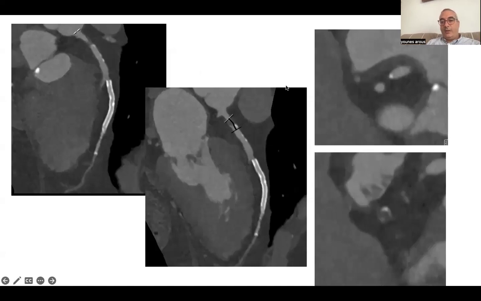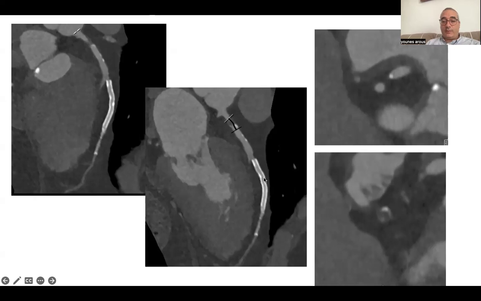Here, the case of a patient seen 1 month ago in the Military Hospital of Tunis is the left anterior descending artery. And we can see here, in the very proximal first segment of the left anterior descending artery, a plaque responsible for a severe stenosis. Here we see the very narrow lumen with a hypodense plaque and a positive remodeling.